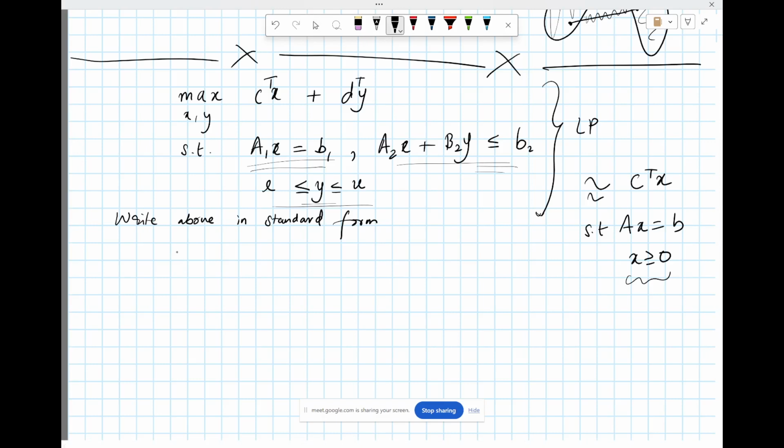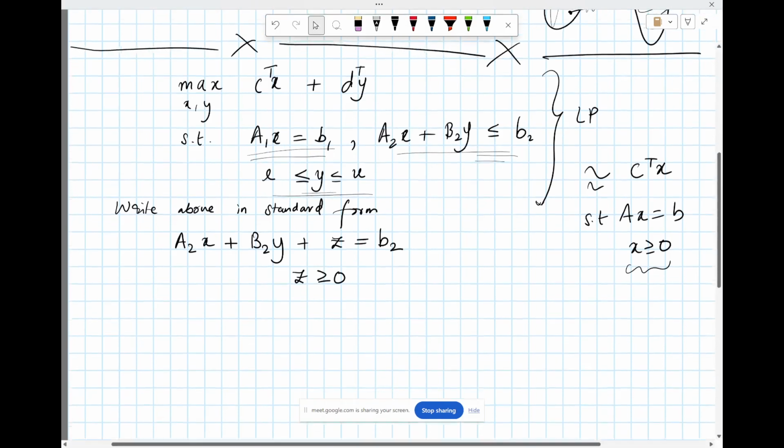So we get a2 x plus b2 y plus z equal to b2, and z is greater than or equal to 0. So this is done, and we got a new variable which is also positive.